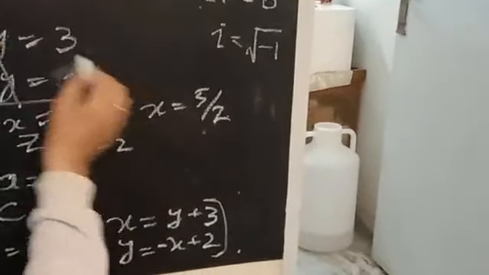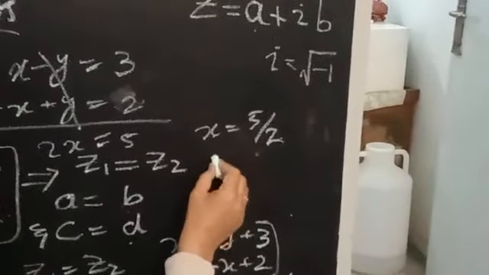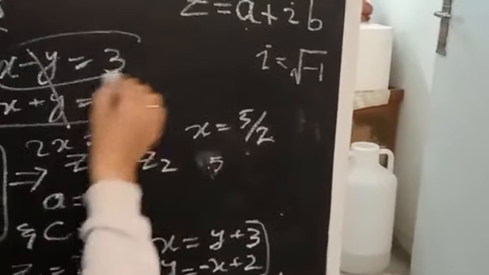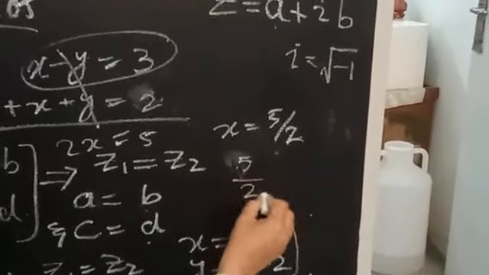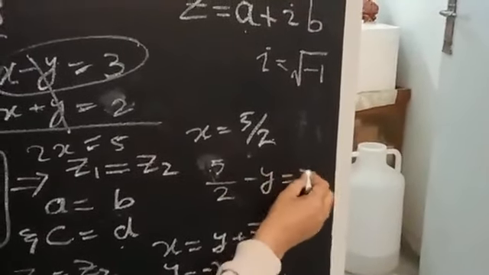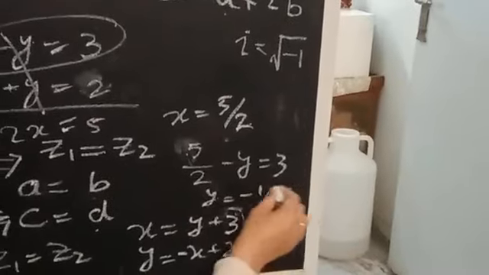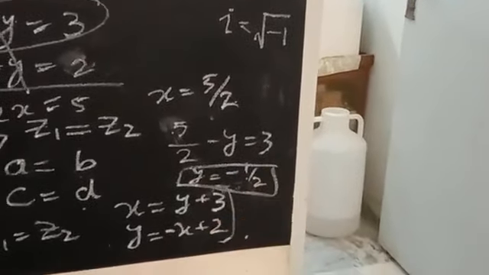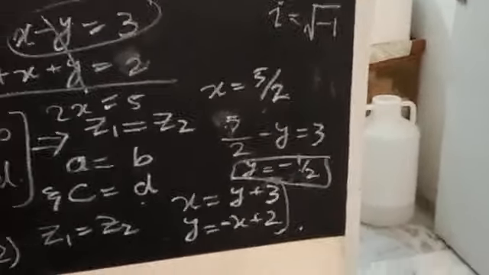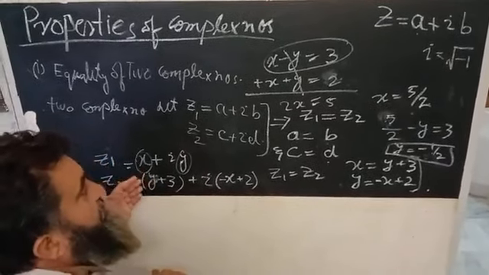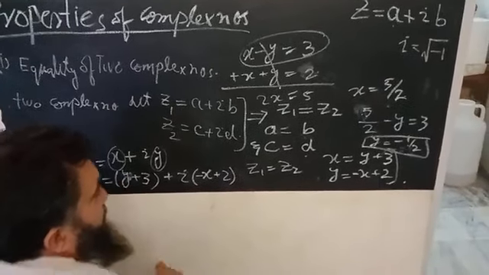Putting this value in any equation we can get y, for example in the first equation we get 5 over 2 minus y is equal to 3, so y is equal to minus 1 over 2. So this is how you can solve the simultaneous equations and get the unknown numbers x and y. We will come across these conditions while solving real life problems and different problems.